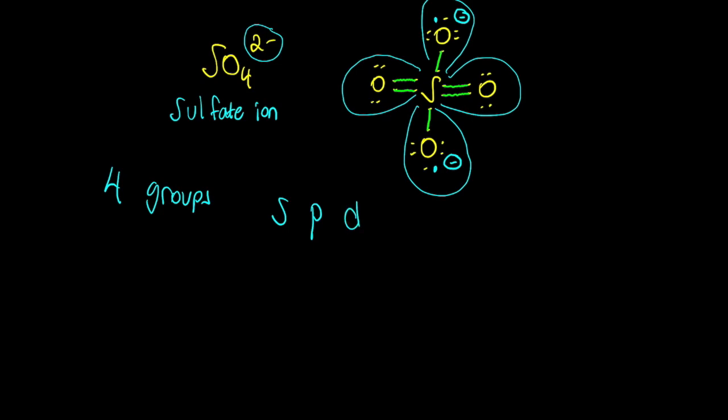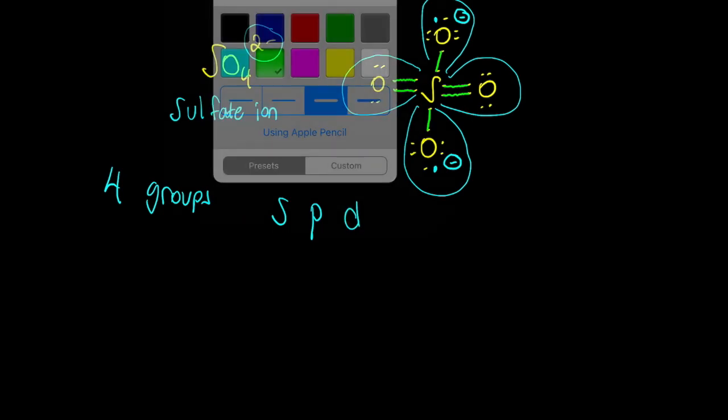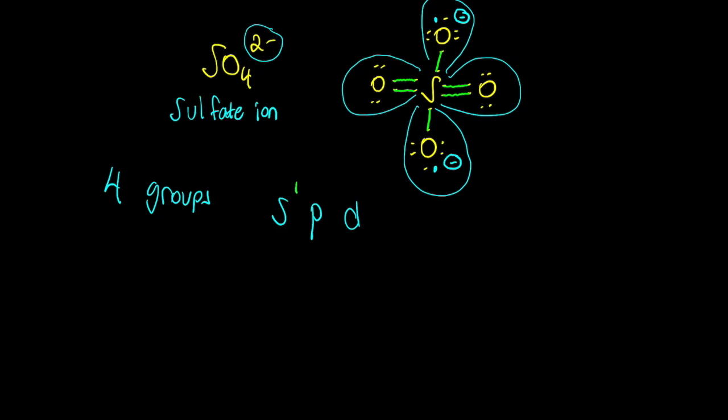There's a maximum of 1 s orbital. I need this to add up to 4, so I do that, and I don't need any d's, right? Because 1 plus 3 is going to be equal to 4. Okay, so the answer is sp³ hybridized.